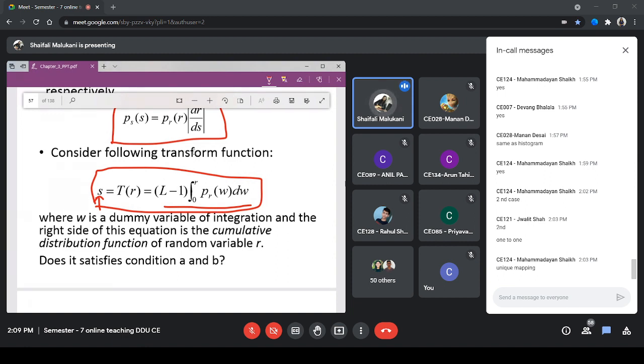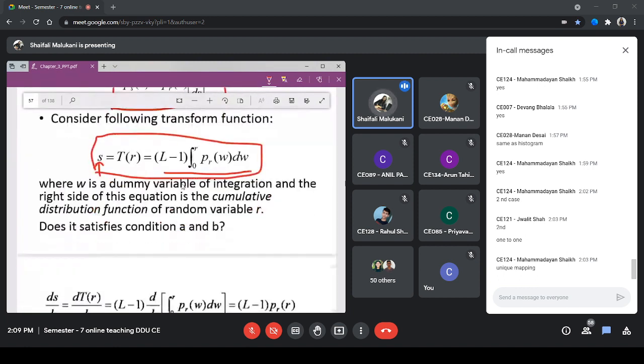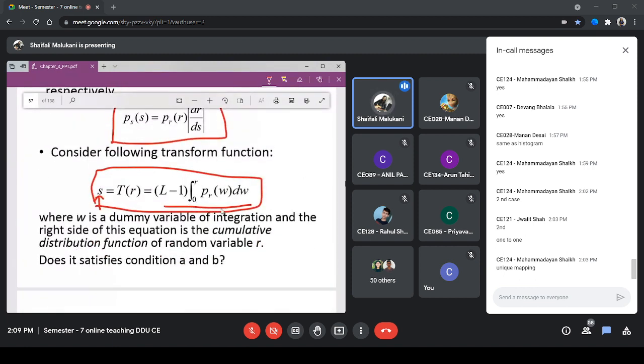How will this equation give me the histogram equalization? The simple thing, as I told you, is that it should follow two rules. First of all, it should be a strictly increasing function. Right now I'm not worried about whether it is strictly increasing or not. That we will discuss later. Is it an increasing function? So can you tell me what is PR of W?